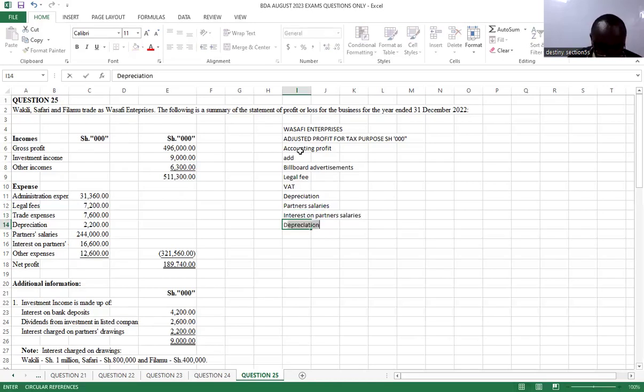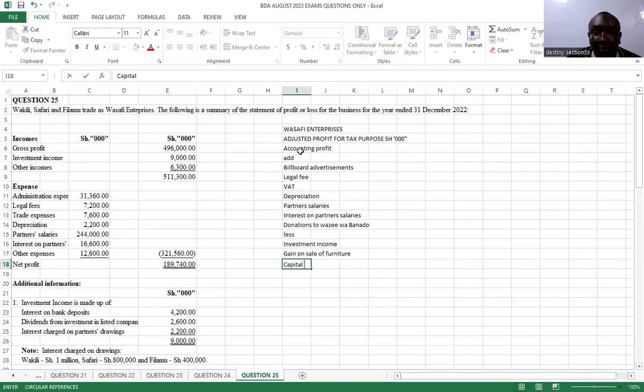Then we have donations to wazee wa Banado. Then you see less the items that should not have been included in that. One of them is the investment income. Investment income is not part of the normal business. Gain on sale of furniture.